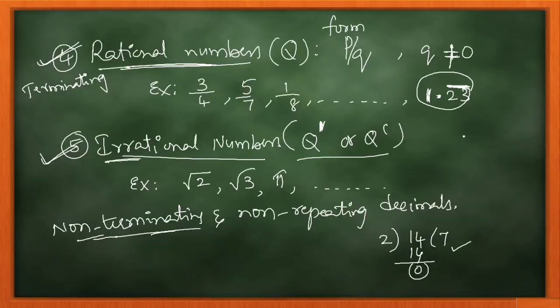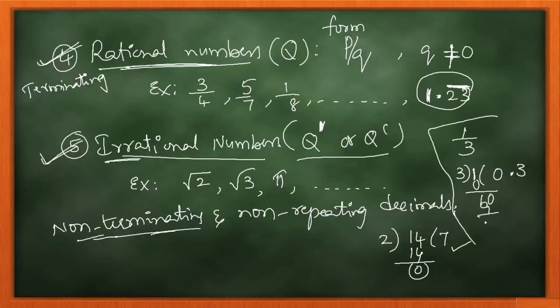Let us take one example: 1 by 3. Is 1 by 3 rational or irrational? With the 3 table you have to divide 1. 1 is there, after putting the decimal point you get 0. 3 threes are 9, so again 10 will be there. 3 threes are 9, remainder 1. So the answer is 0.3333 repeating.